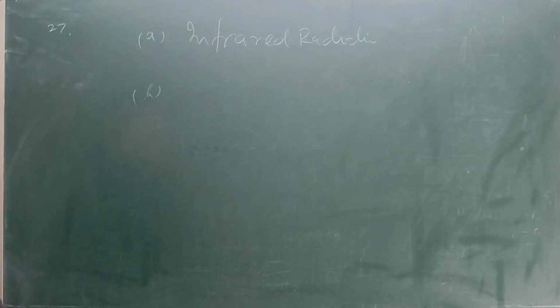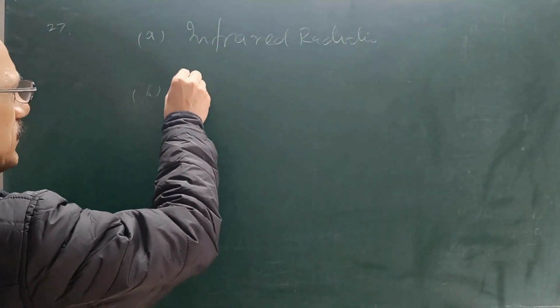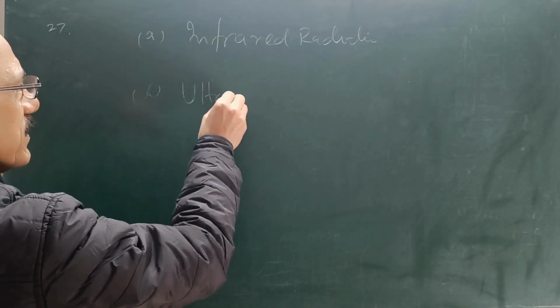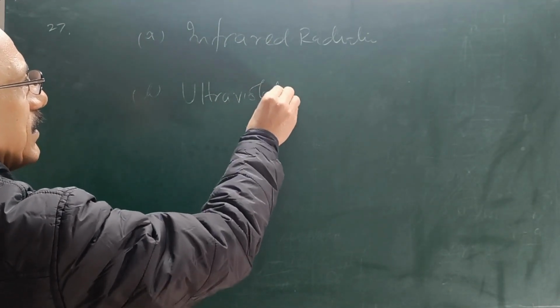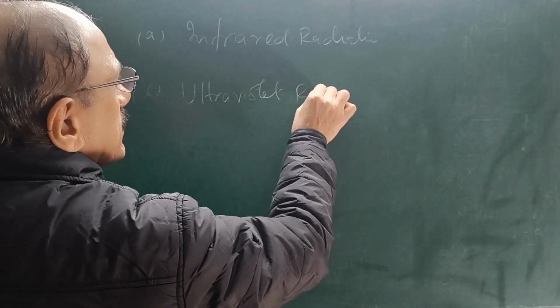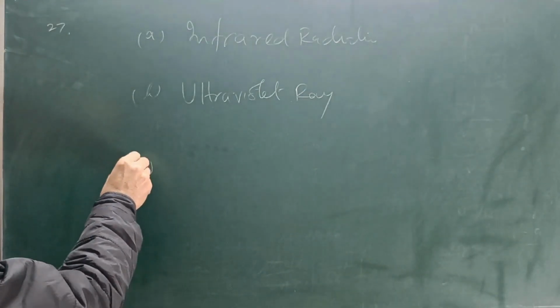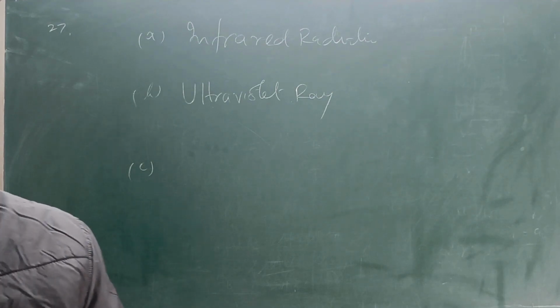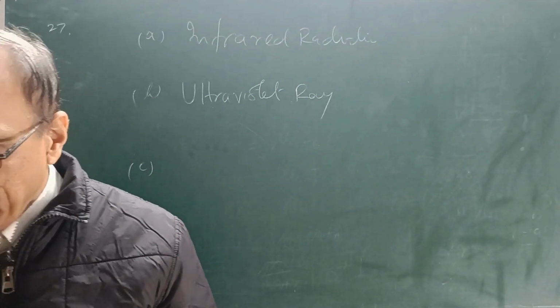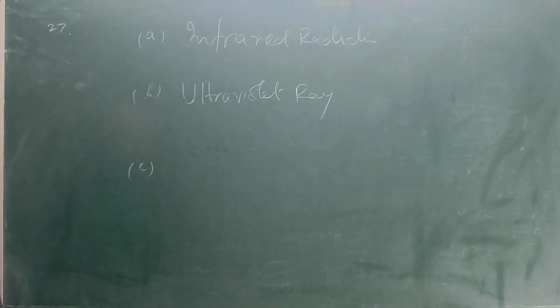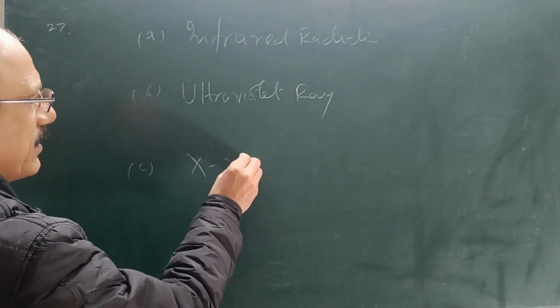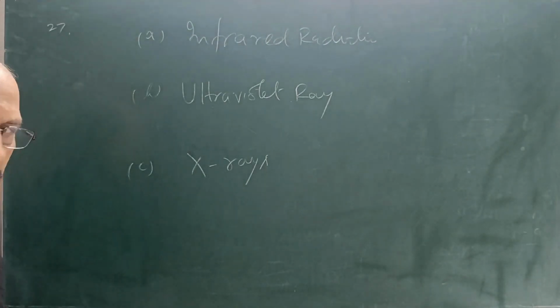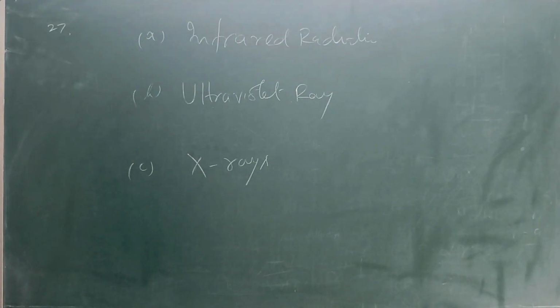It is harmful also, so it is ultraviolet rays or radiation. And C is used for studying crystal structure, that is naturally X-rays. Now the second part of the question is to write any one method of production of each of the above radiations.